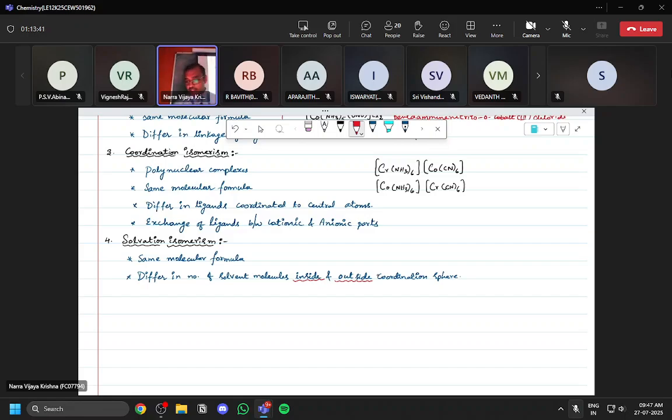So inside means I will call it coordinated. Outside the coordination sphere means I will call it solvated, right? For example, I'm taking examples. Chromium, H2O 6 times, Cl3.